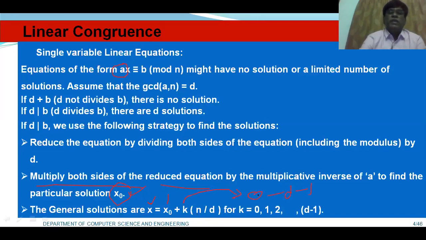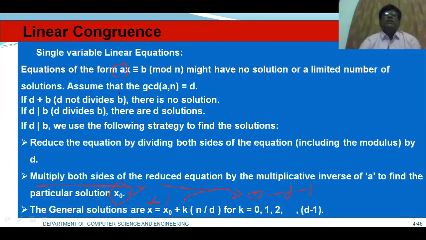First substitute k equal to 0 and find the x value, then substitute k equal to 1 and find another x value, and so on, up to the last k value, d minus 1. These are the general solutions for the given equation.